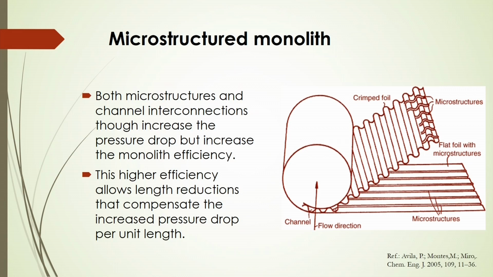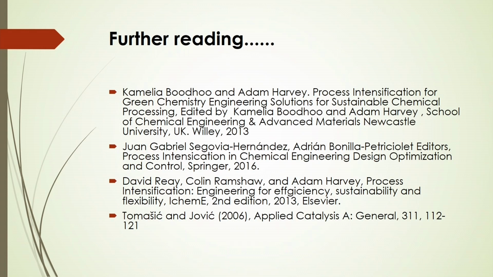Now, both the microstructure and channel interconnections increase the pressure drop, but they may increase the monolith efficiency, and this efficiency allows a length reduction that may compensate the increased pressure drop per unit length.